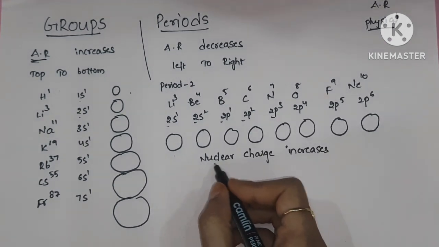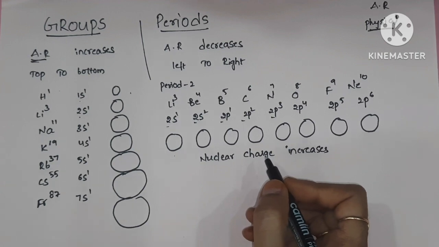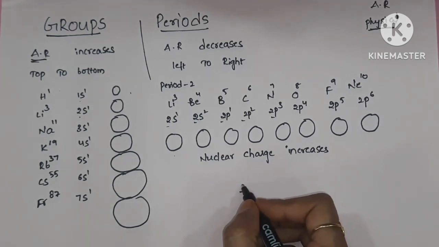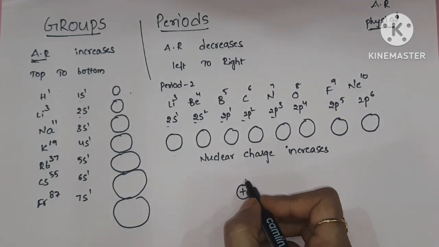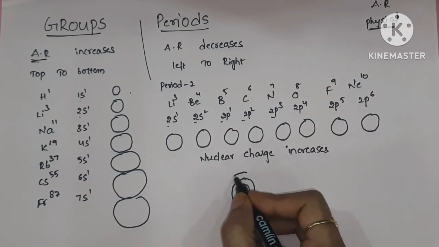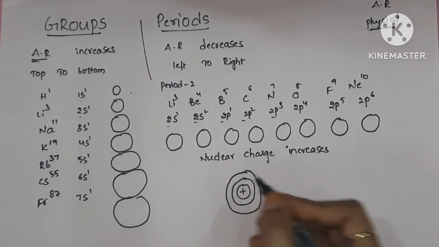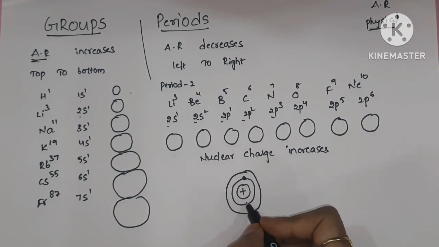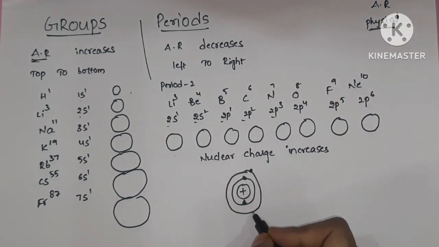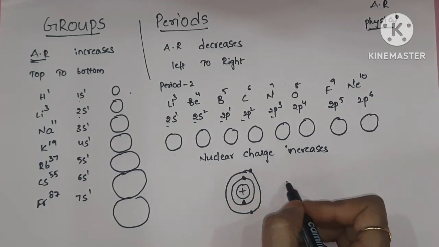So what is meant by nuclear charge? This is the nucleus, and electrons are revolving around the nucleus. These are the core electrons. These are the valence electrons.